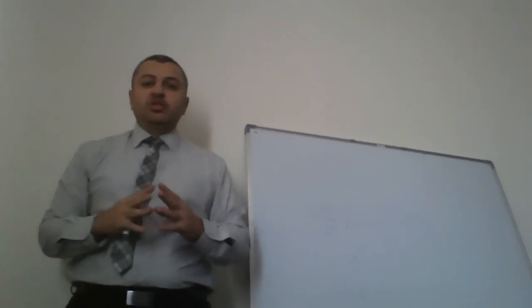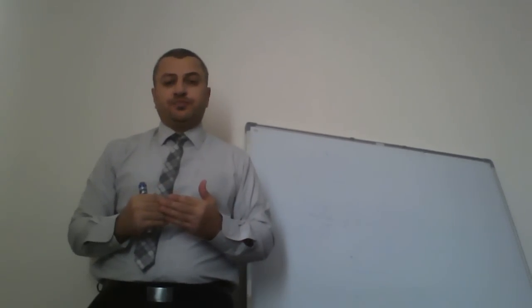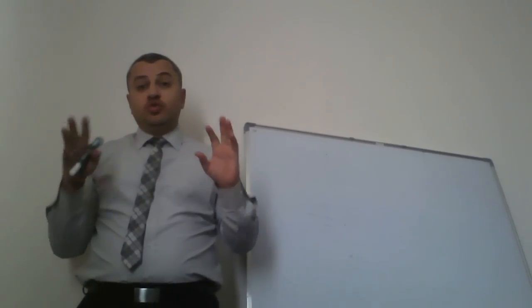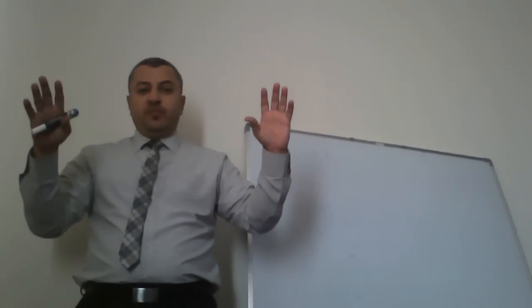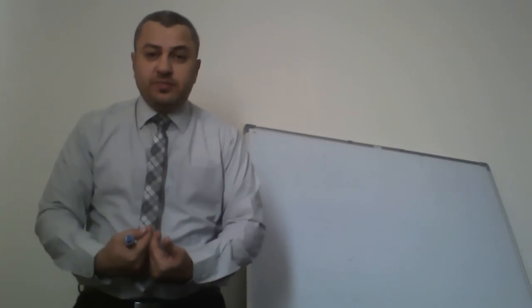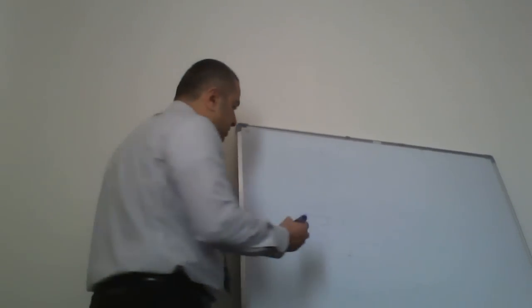Okay, the second part. We already talked about the differential equation that allows you to describe the process, the scheme. Now we need to recognize the integrated equation. So what is the integrated equation?